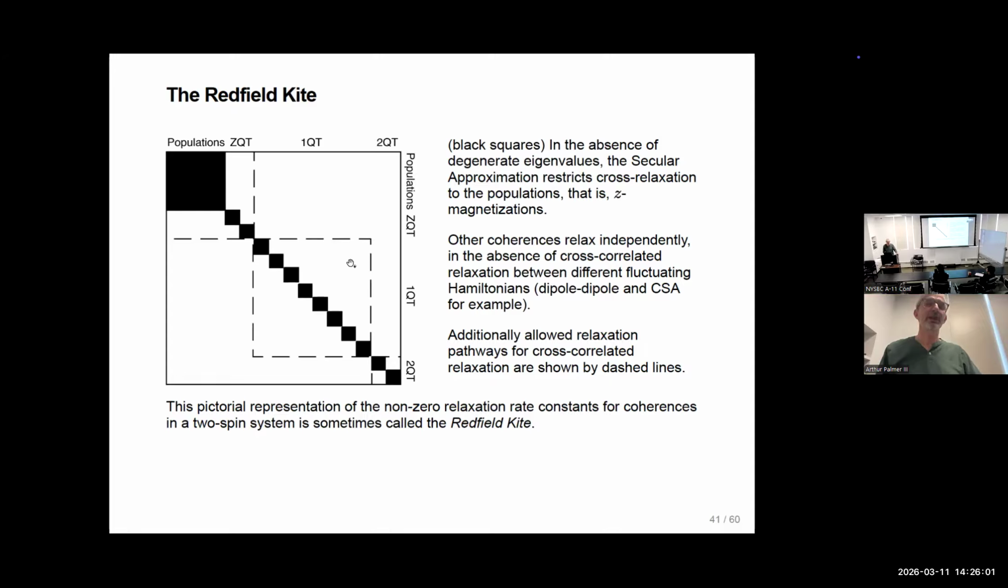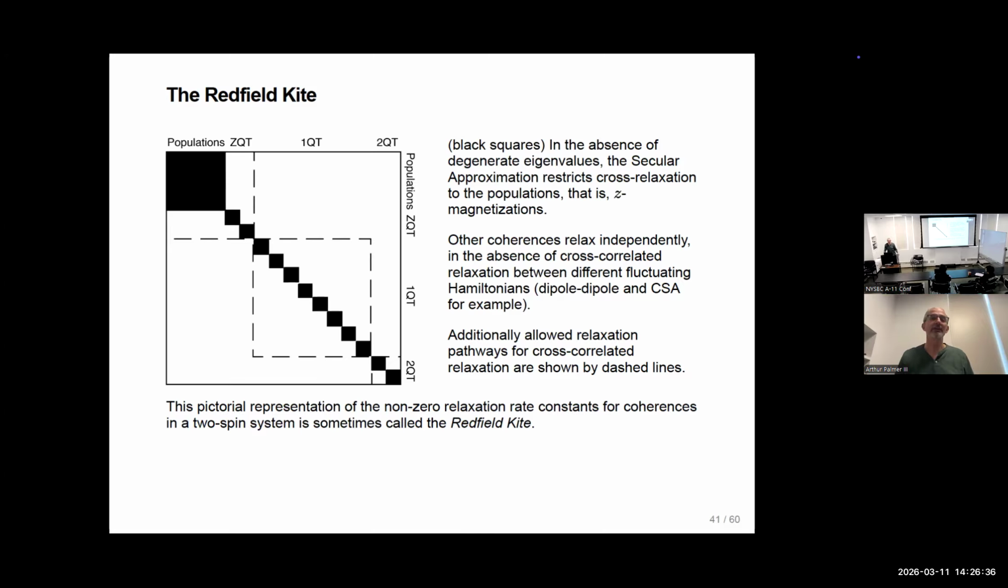So slightly more complicated, but only really because the commutators end up with many more terms, and the spectral density function will become a cross-spectral density function, because you'll have the stochastic term, say, for the dipole interaction, and the stochastic term for the chemical shift interaction together in an ensemble average to a cross-correlation function.